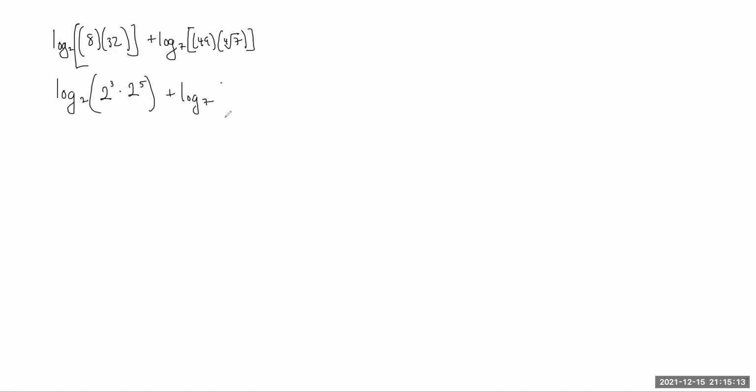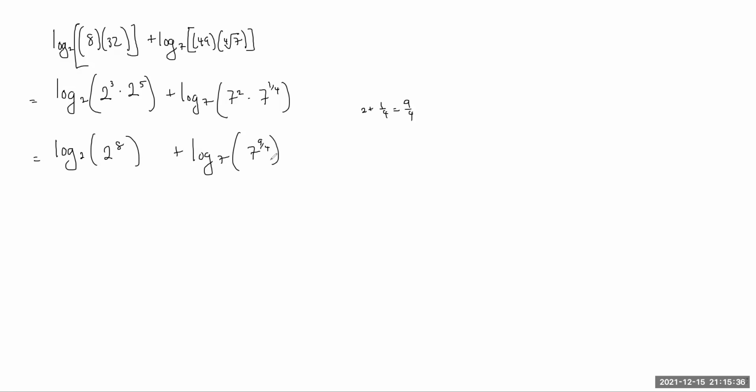Log 7. This is 7 to the power of 2 times 7 to the power of 1 over 4. Let's simplify it. Log base 2, 2 to the power of 8, and log 7, 7 to the power of 2 plus 1 over 4 is 9 over 4.